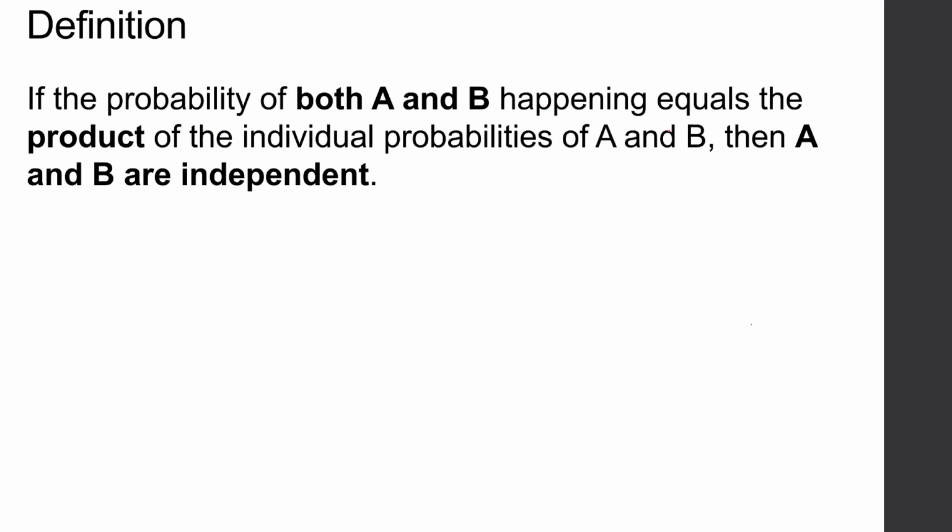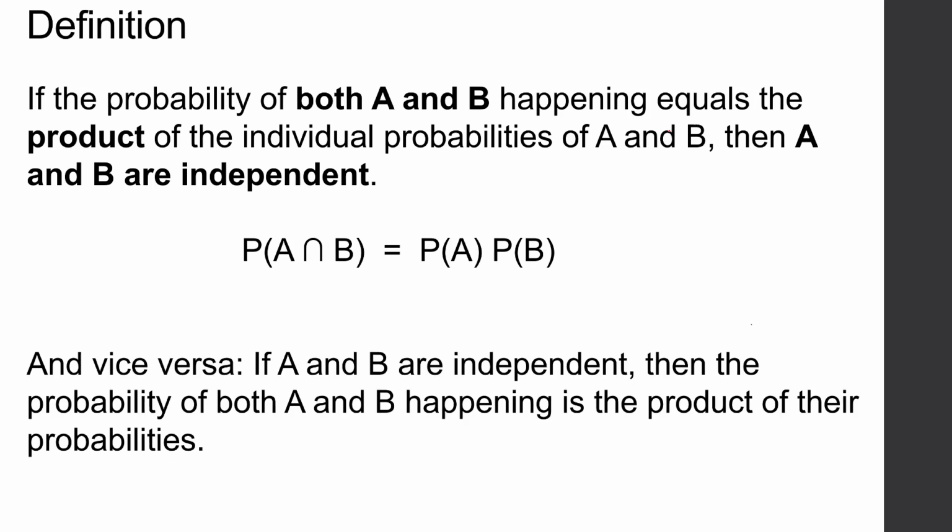So if the probability of both A and B happening, that's the intersection, equals the product of the individual probabilities of A and B, then A and B are independent. That's how we mathematically know whether two events are independent. So the probability of the intersection, if it equals the probability of A times the probability of B, those events are independent. And it turns out that this works the other way.